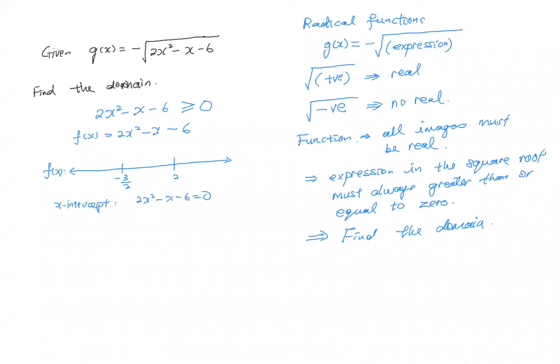So that means 2x squared minus x minus 6 equals 0. So (2x minus 3)(x minus 2) equals 0, correct? Then you determine the sign. You can use your calculator to help you determine the sign. If not, I can also use, because this is a quadratic, if a is positive, start from the left-hand side: positive, negative, positive.